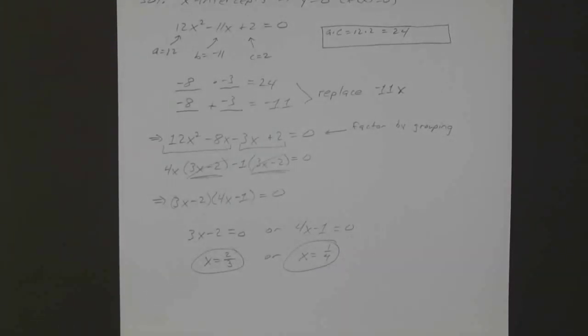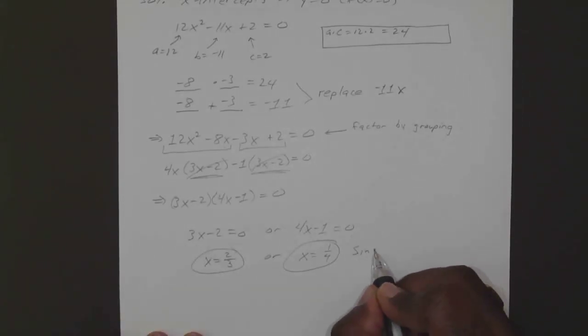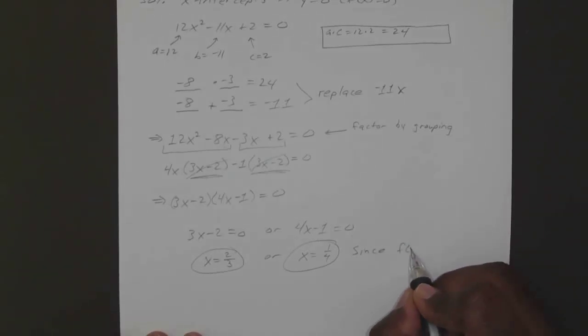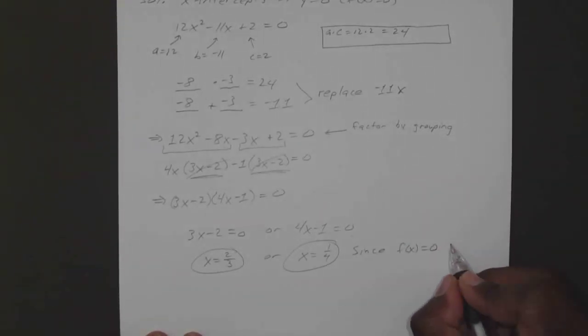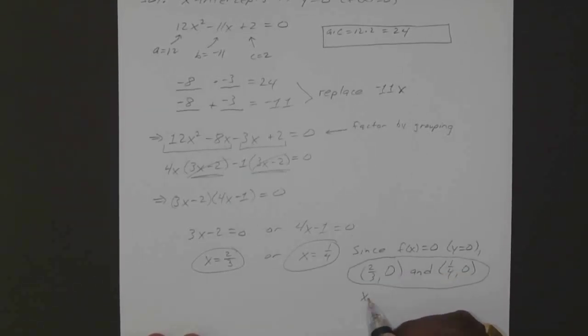Now those are your x values, they aren't your intercepts. Since f of x equals 0, or in this case y equals 0, your actual intercepts are 2 over 3, 0, and 1/4, 0. These are the actual x-intercepts.